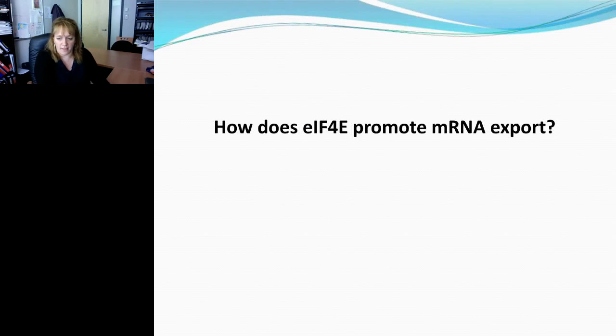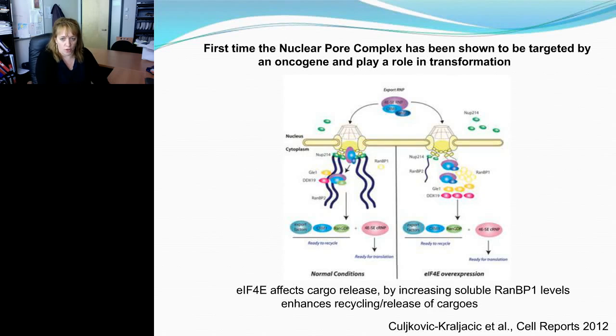So if we look at the next question, how does EIF4E promote RNA export? So how does this work? I'm only going to show you one summary slide on how this works. This is really to do with, partly to do with the ability of 4E to change the nuclear pore complex.